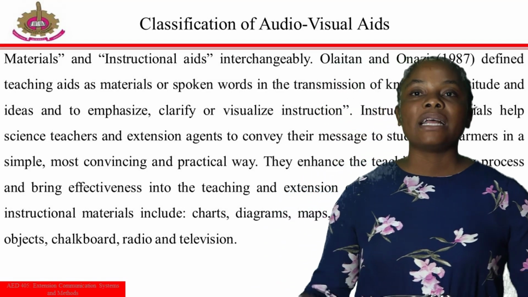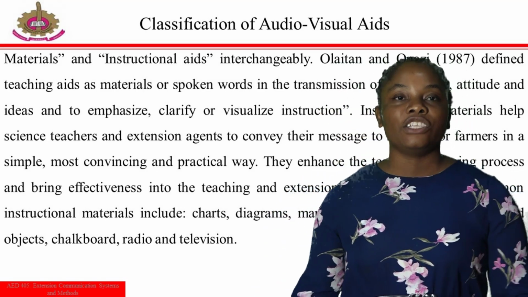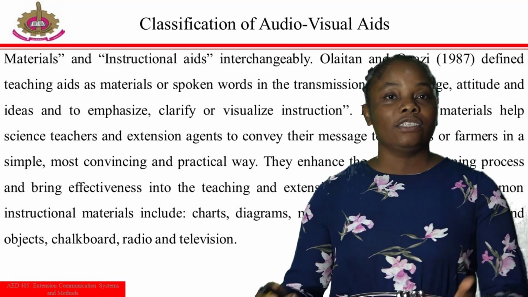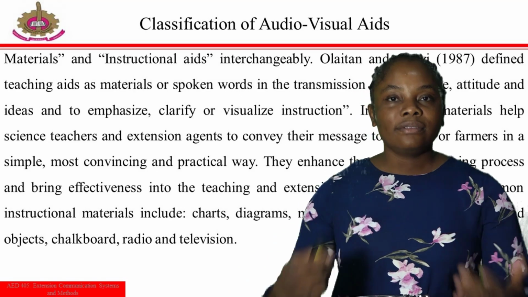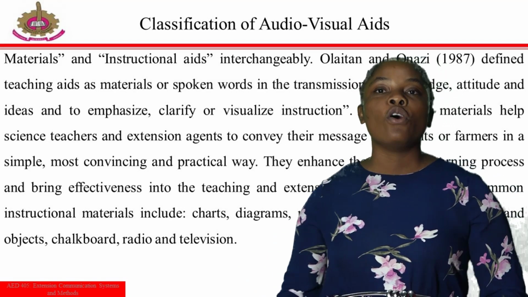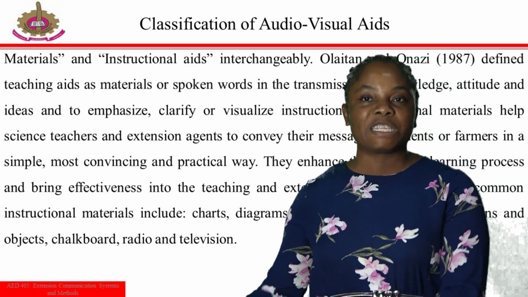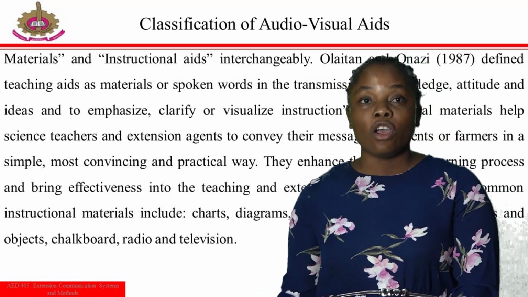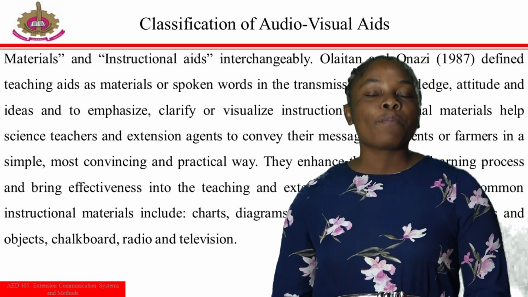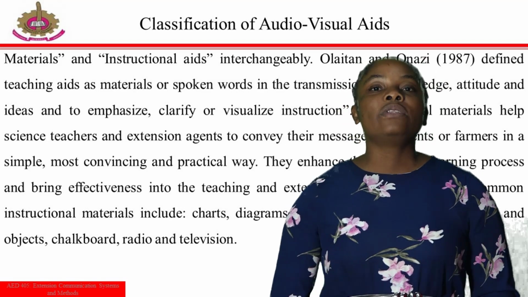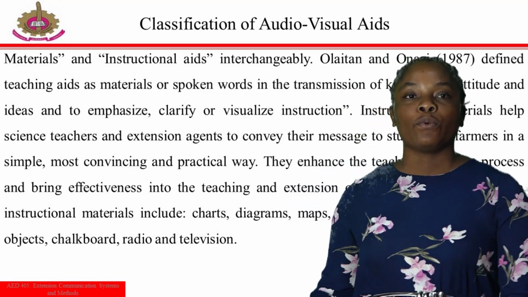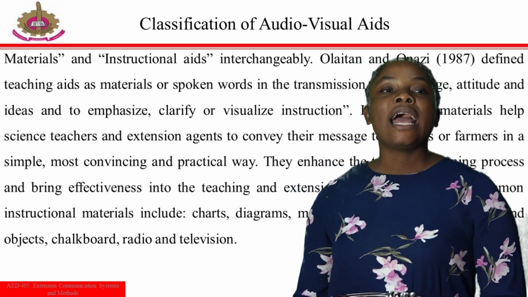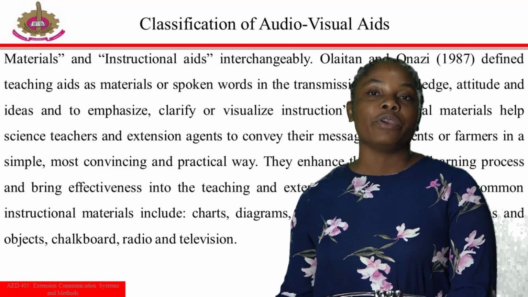So instructional material helps the science teacher or extension agent or mathematics teacher to convey their message to the learners or students or farmers or respondents in a simple, most convincing, not confusing, and practical way. This enhances the teaching-learning process and brings about effectiveness into the teaching of extension in agriculture.